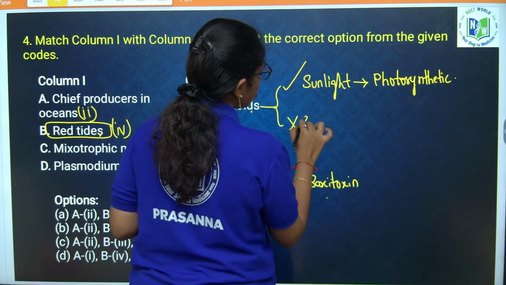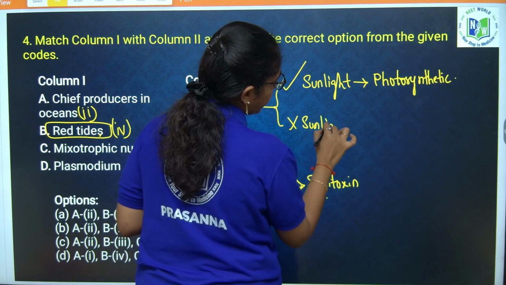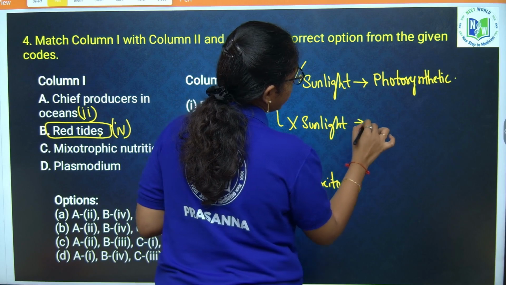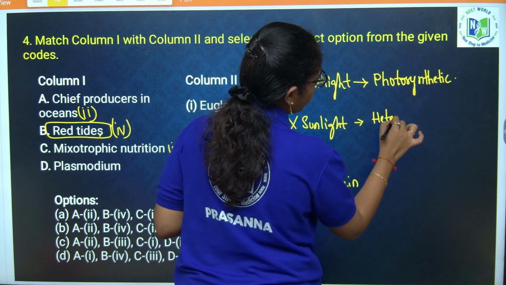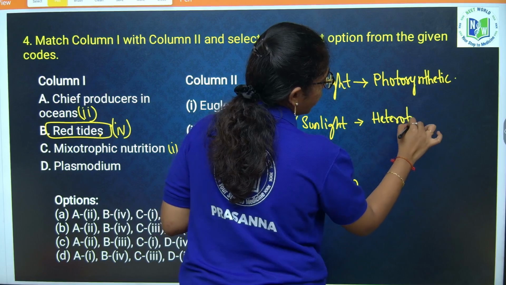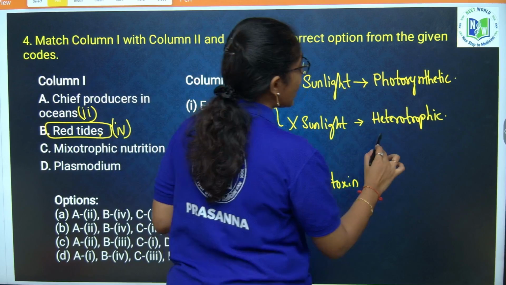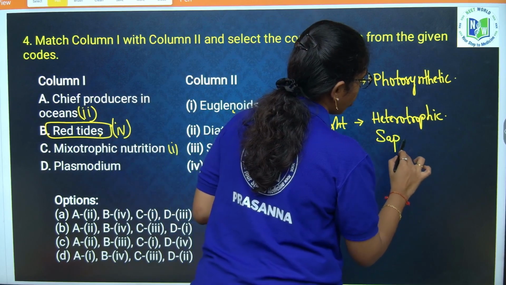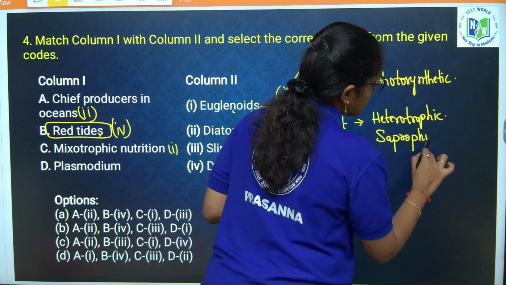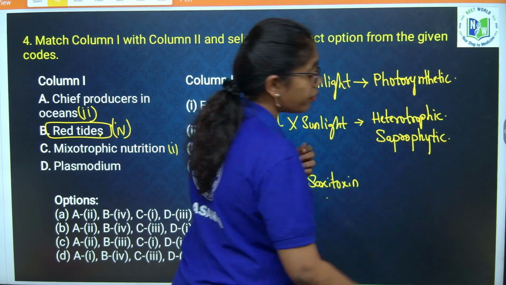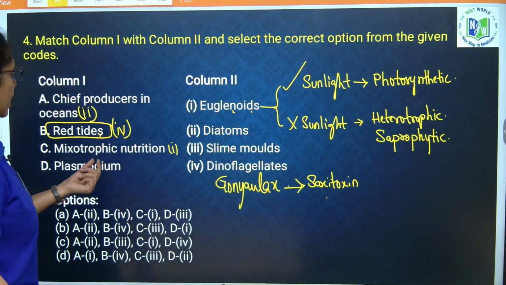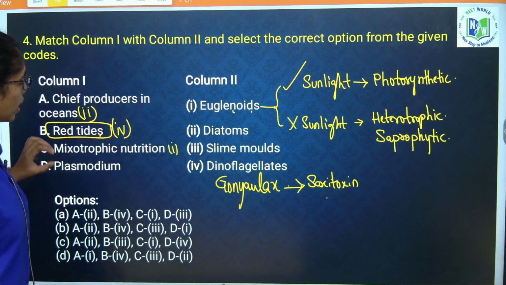Whenever they are deprived of sunlight, they are heterotrophic and conduct the saprophytic mode of nutrition. Clear? So, yes, C is 1.